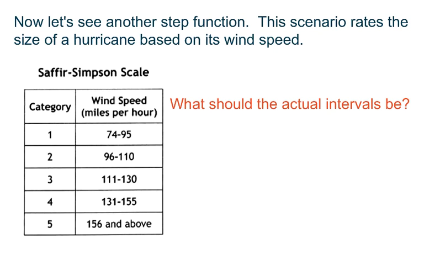However, what should the actual intervals be? If you notice, there is a discrepancy between this 95 and this 96. Because what if the wind is 95.5 miles per hour? That means that Category 1 should actually include 74 and go all the way up to 96, but not include it.